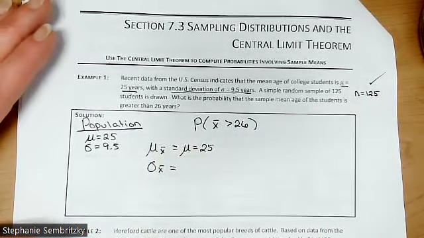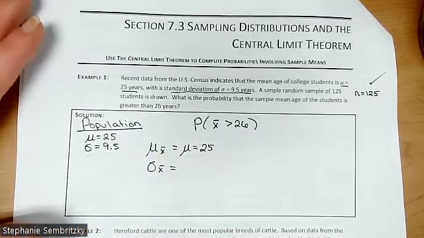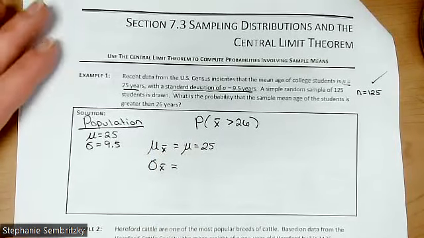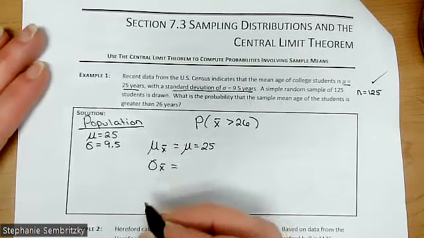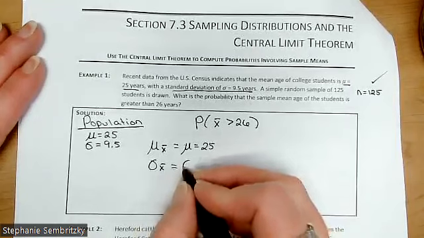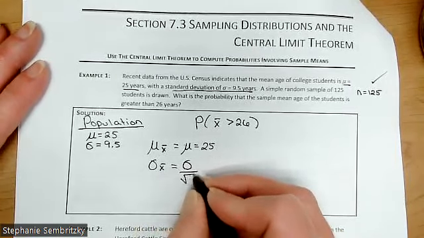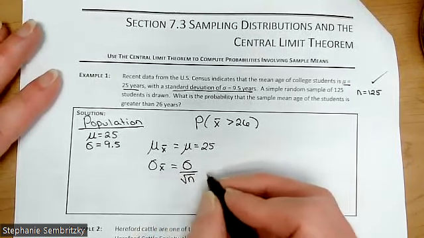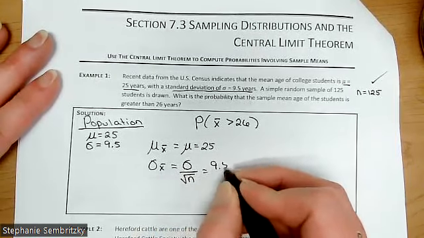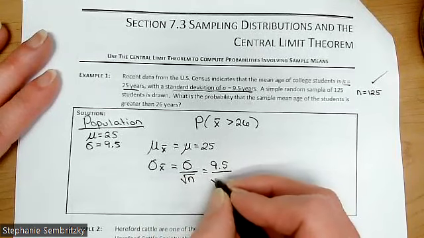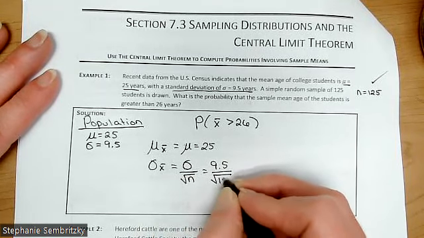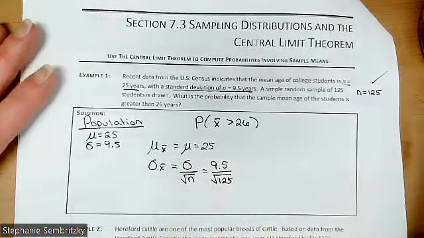But the standard deviation, we have to make a little bit of an adjustment. It really depends on that sample size. So we're going to take the population standard deviation divided by the square root of n. So we're going to take 9.5 divided by the square root of 125.